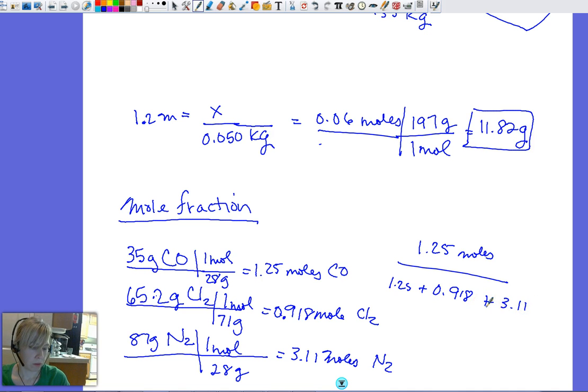So 1.25 divided by, and then make sure you use parentheses on the bottom, 1.25 plus 0.918 plus 3.11, close parentheses, and that gives me a mole fraction of 0.237 or 0.24.